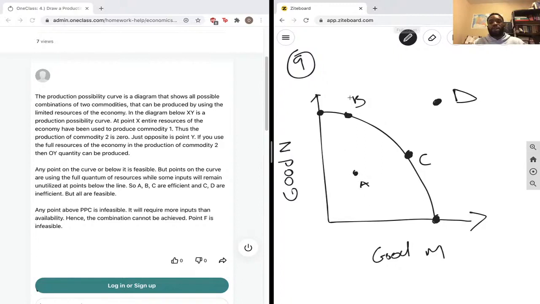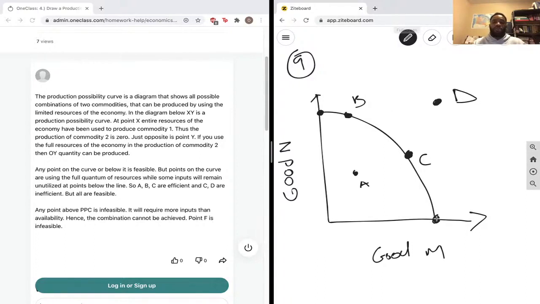And now if we look at point B and point C, and this point over here and this point over here, if it's lying on the curve, that means it is feasible and it is efficient because we've used all the resources made available to us to provide some combination of the two goods.